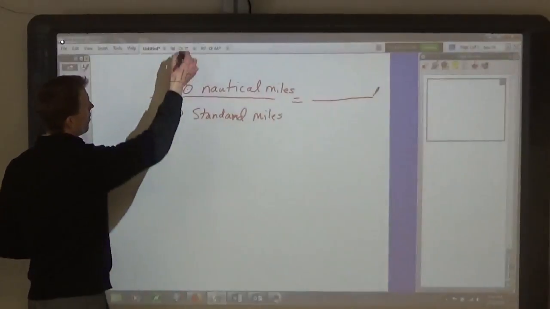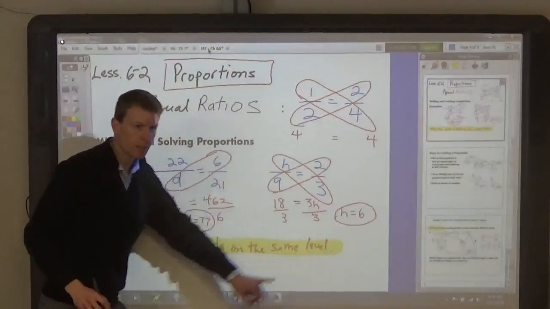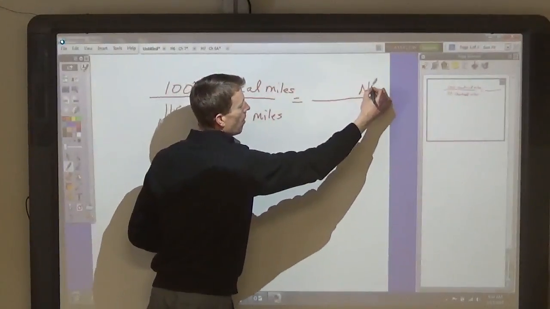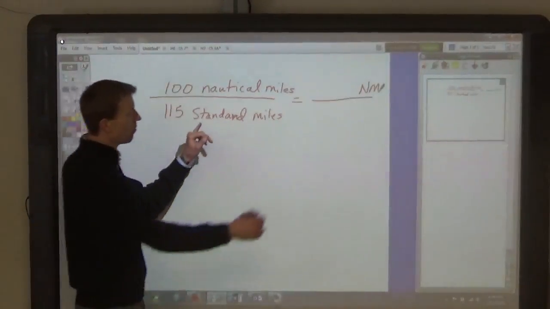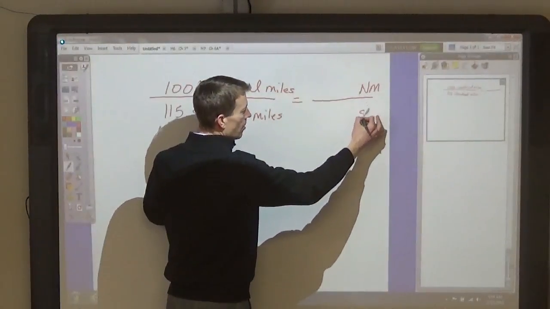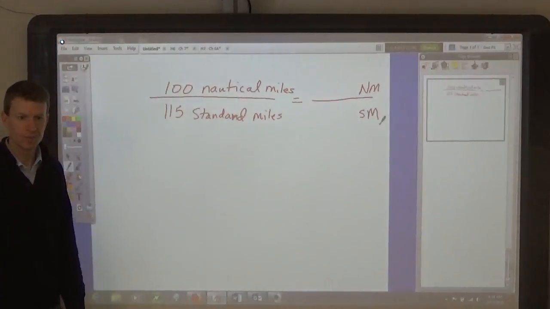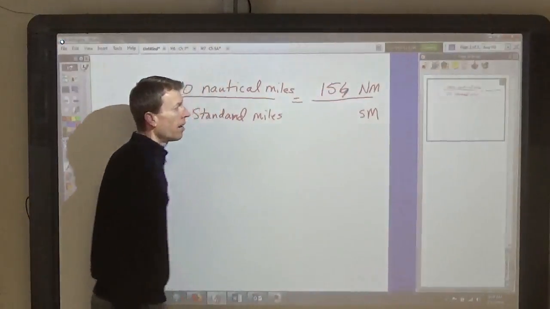Well, if we go back and set this up correctly, put the same labels on the same level, that means that over here we write nautical miles again. I'm going to use NM for nautical miles. And over here on this level, we're going to use standard miles. So how many is 156 nautical miles?